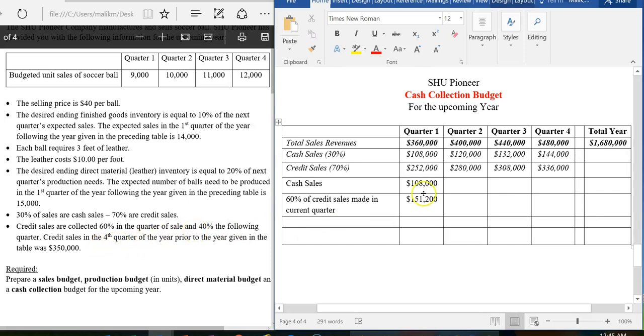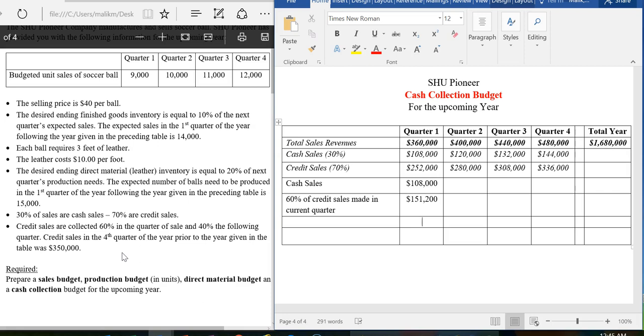So when you are doing this first quarter, you have to check what was the past quarter's credit sales, and 40% of it they're gonna collect now. It's actually given here very nicely, very simple. Credit sales in the fourth quarter of the year prior to the year given is $350,000. So let me do the calculation.